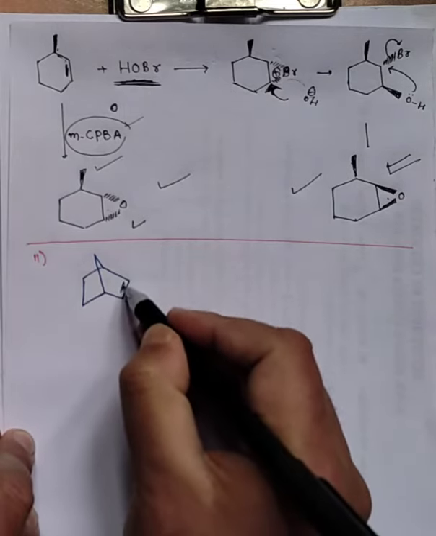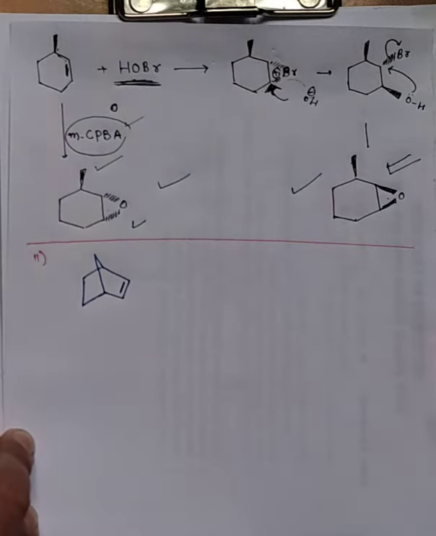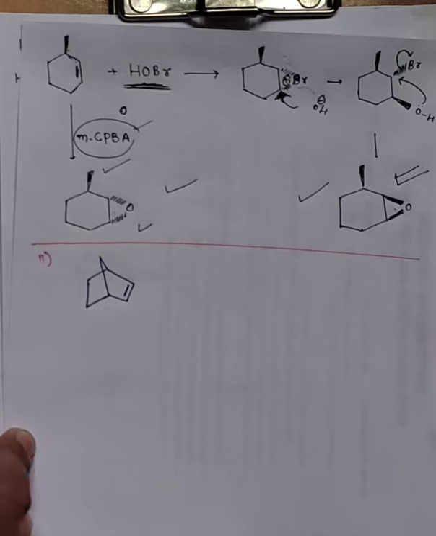Let's have a double bond here. It's called norbornene now. Once we insert the double bond, it's norbornene. The suffix is ene, but when it is only aliphatic, it becomes norbornane. Fine, a bicyclo compound.